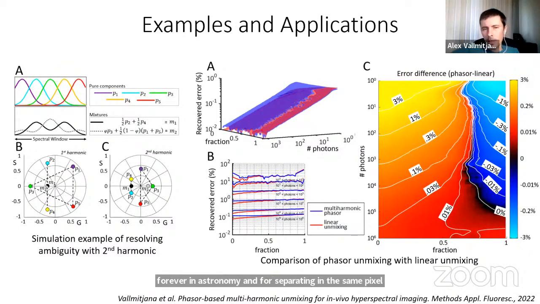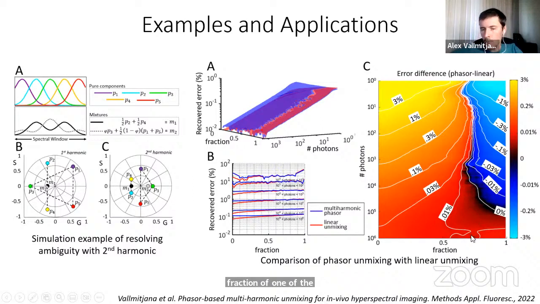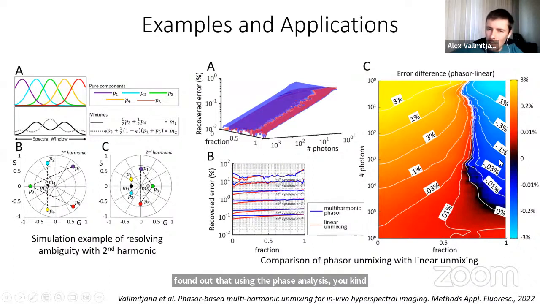And we found out, and this is known, that in linear mixing, when the fraction of one of the components is high, above, in this case, about 2/3, it tends to give more weight to that component. And we found out that using the phasor analysis, you are slightly above linear mixing in that region of fractions.